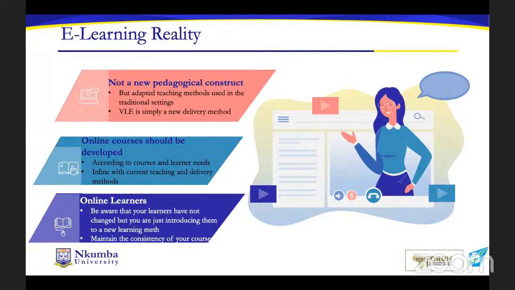Are we trying to say there were no discussion forums in the traditional setting? There was no group work? There was no assessment? So what they need to understand is that when we go E, it's just a delivery method that is coming in to enhance what we are doing in education.